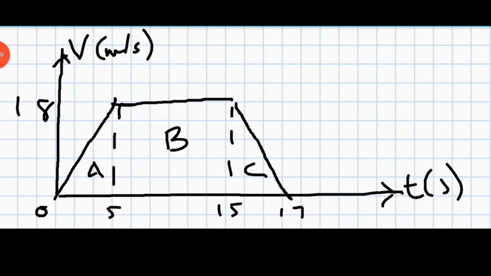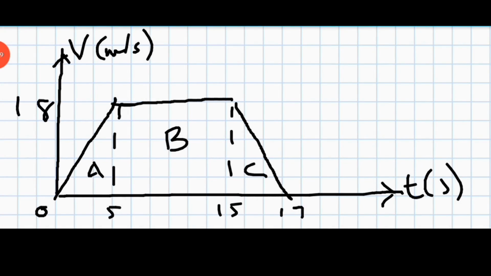Also, we were asked to get the total distance covered by the car. And to do this, we can simply get individual distances in A, B, and C and add up. Or we simply get the area of the shape, which of course is a trapezium. And we shall do this as follows.